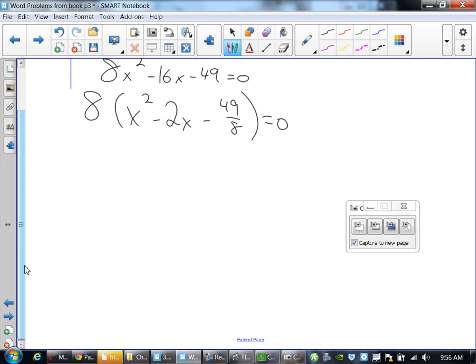Send it over. So we have x squared minus 2x plus blank equals 49 over 8 plus blank. Well, this one should be relatively simple. Half of negative 2 is negative 1. So we have x minus 1 quantity squared. When I square that, I get 1. But on the other side, instead of writing 1, what am I going to write?